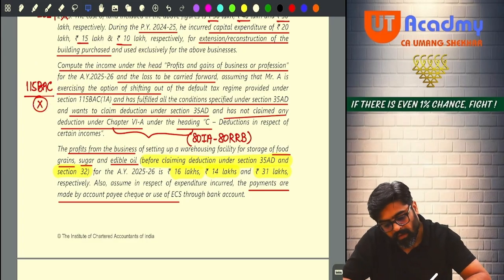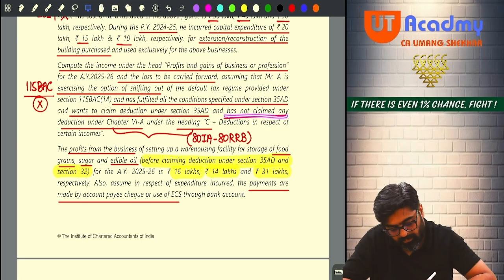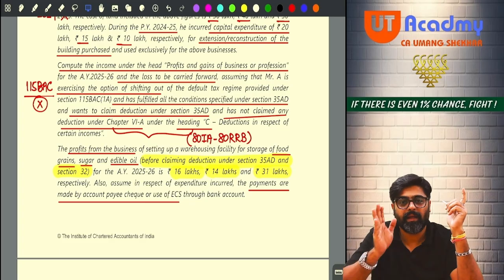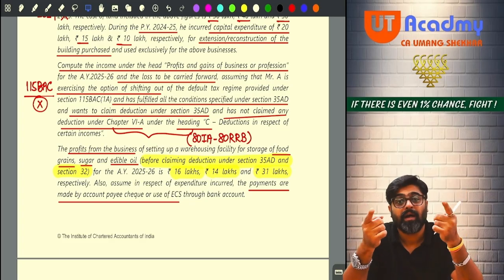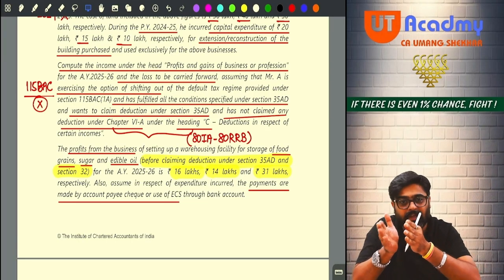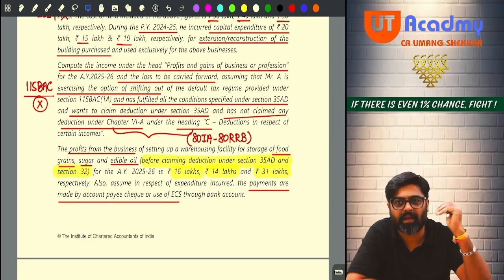Very good. And he has fulfilled all the conditions specified under section 35AD and wants to claim deduction under section 35AD and has not claimed any deduction under Chapter 6A heading C. Heading C deduction means, yesterday only I told that 80IA to 80RRB deductions of Chapter 6A are there in Chapter 6A heading C. So Chapter 6A heading C deductions are which deductions? 80IA to 80RRB.